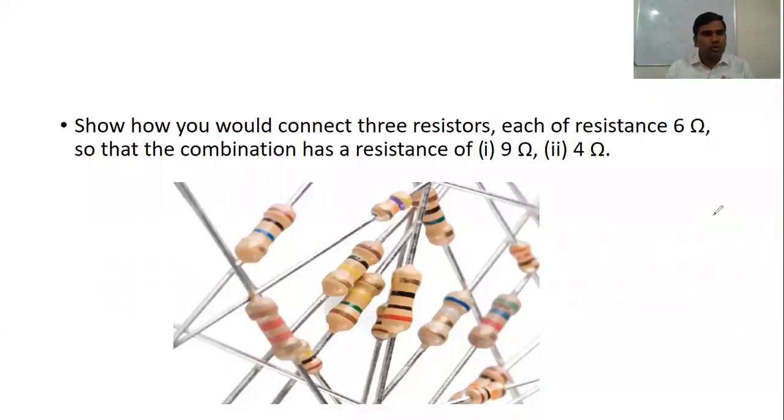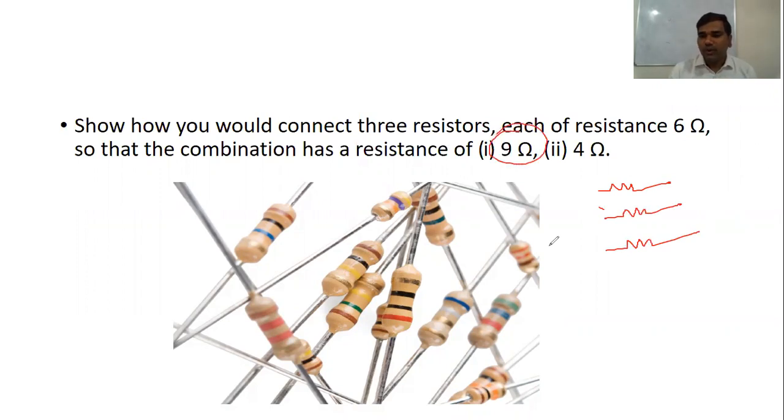We can see one more question here. How would you connect 3 resistors, each of resistance 6 ohm, so that the combination has a resistance of 9 ohm? Now we have 6 ohm, 6 ohm, 6 ohm, 3 resistors of the same value. But how do we get 9 ohm? That is the question.